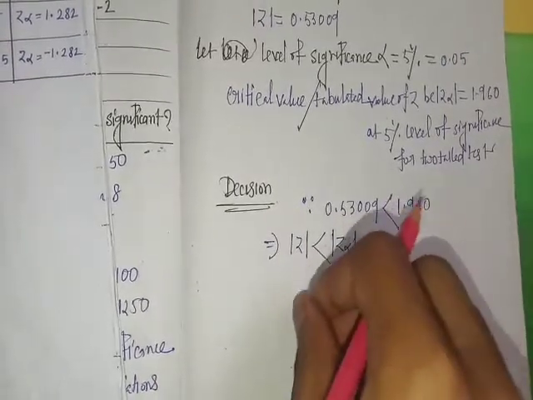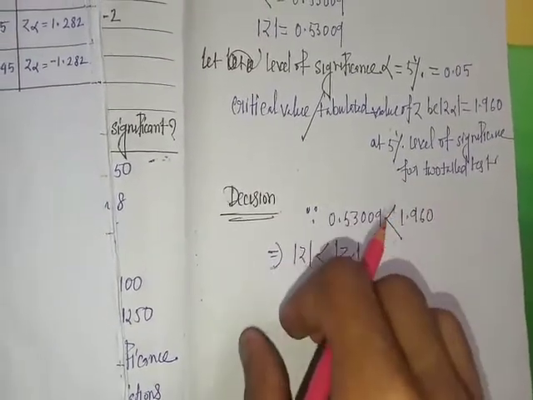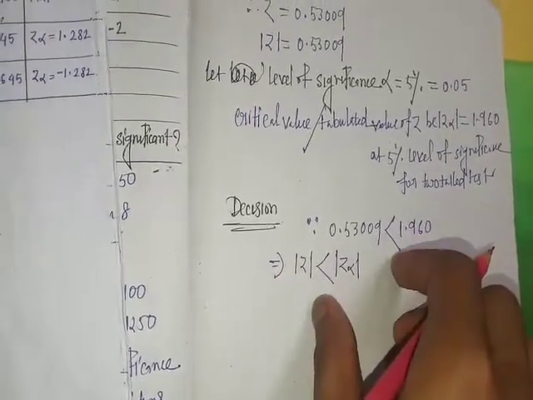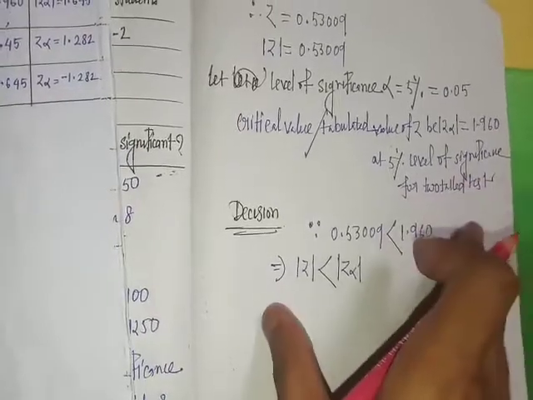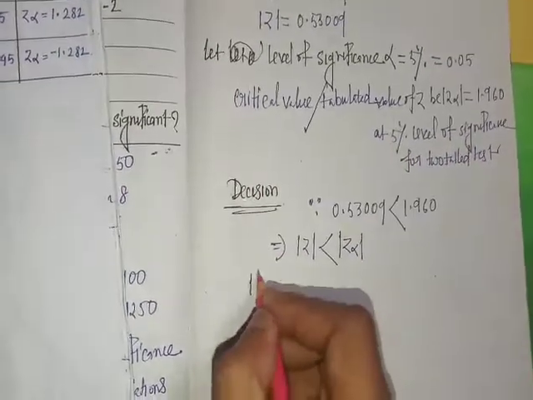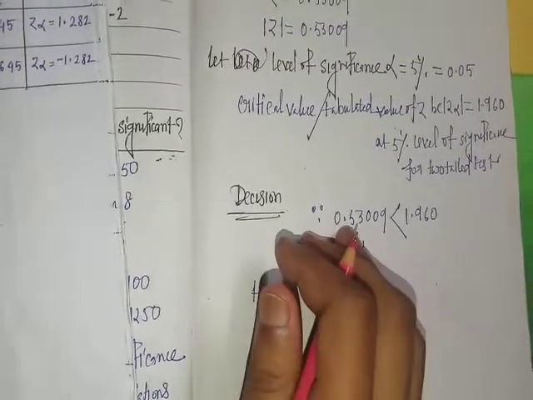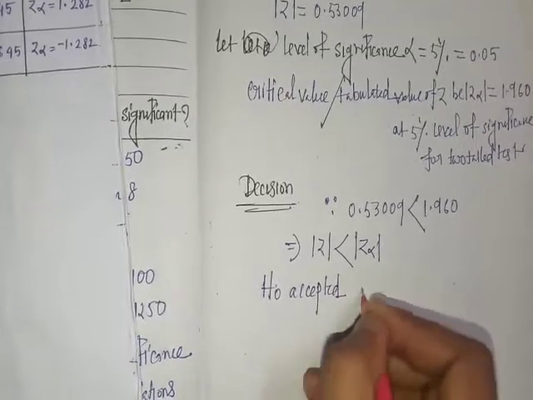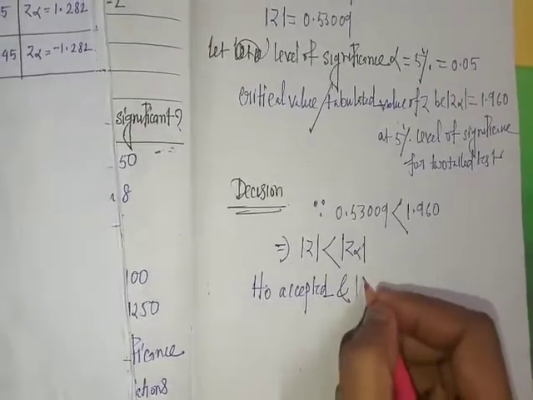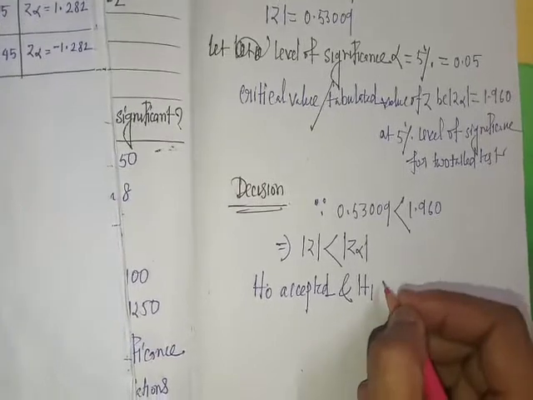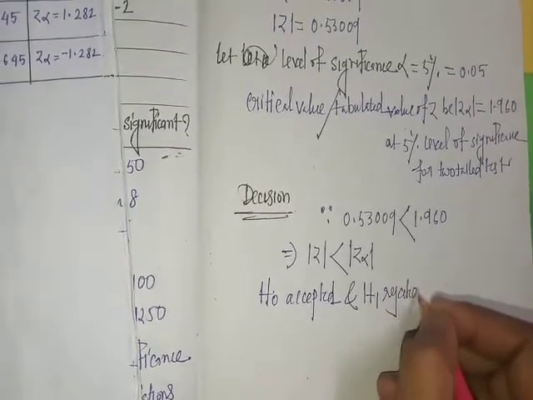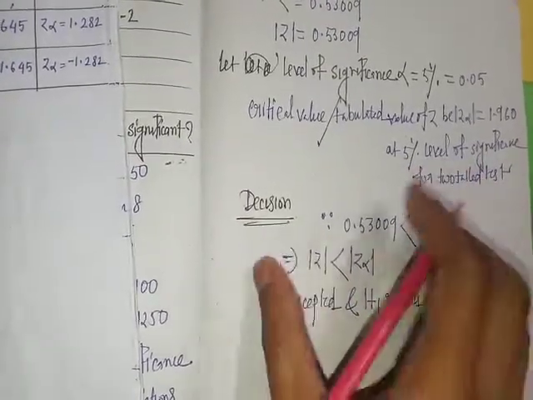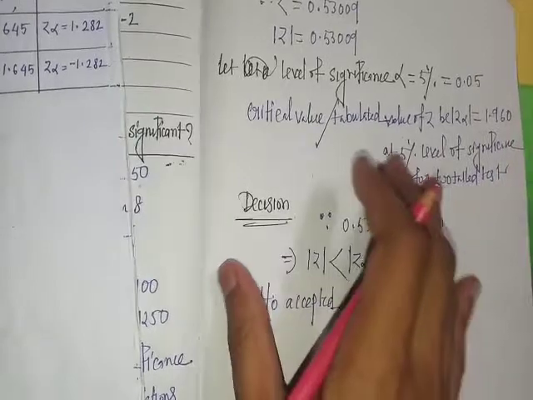So the null hypothesis is accepted, H0 accepted, and the alternative hypothesis rejected.